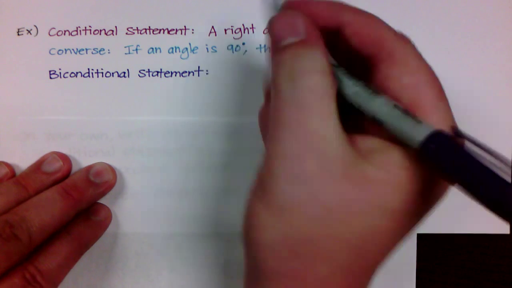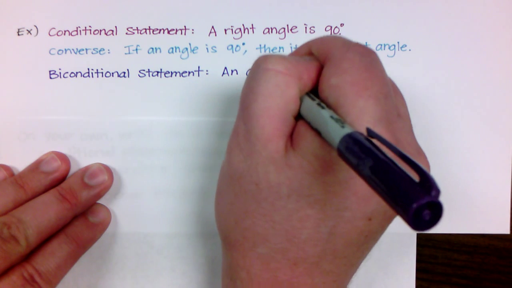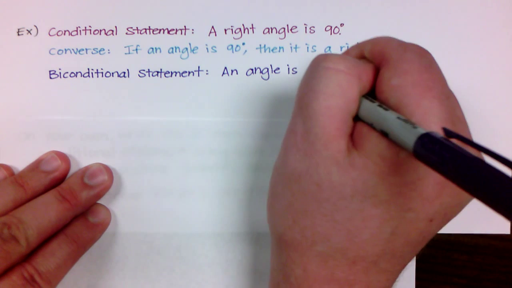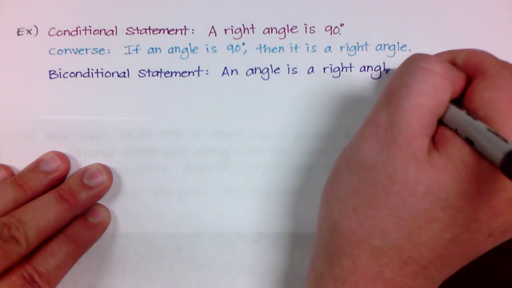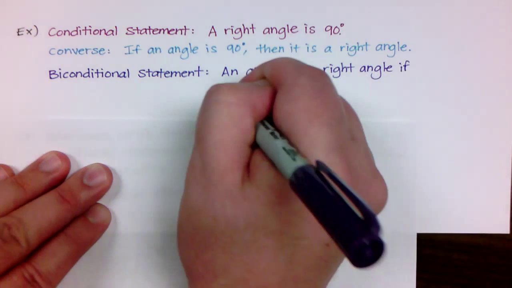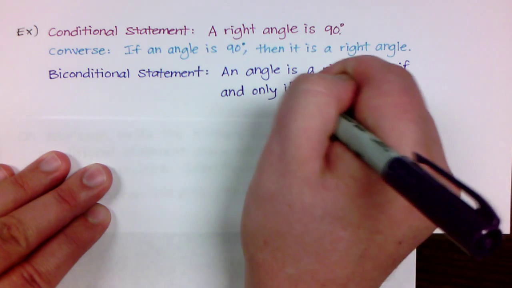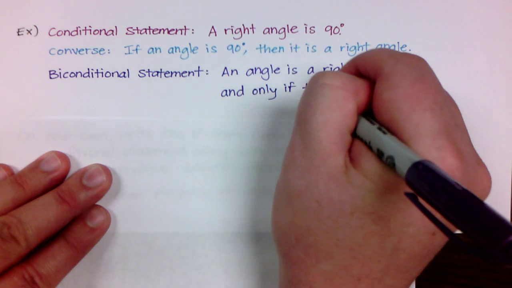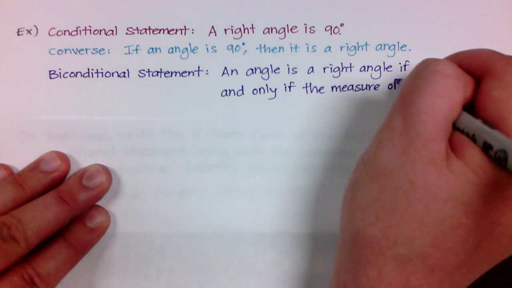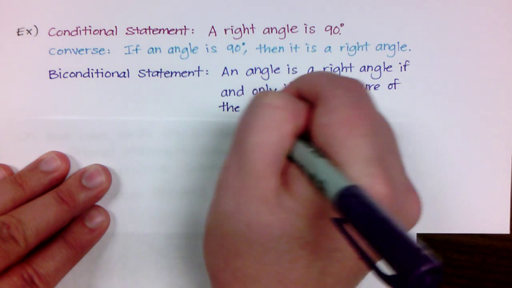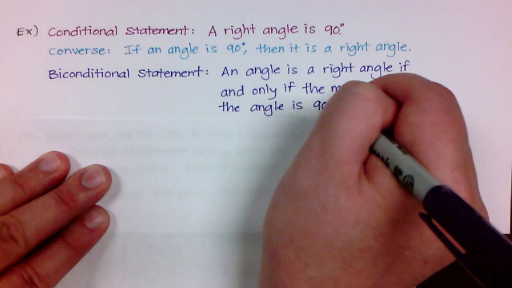So let's see, let me get my purple marker. Let's write this down. An angle is a right angle if and only if the measure of the angle is 90 degrees.